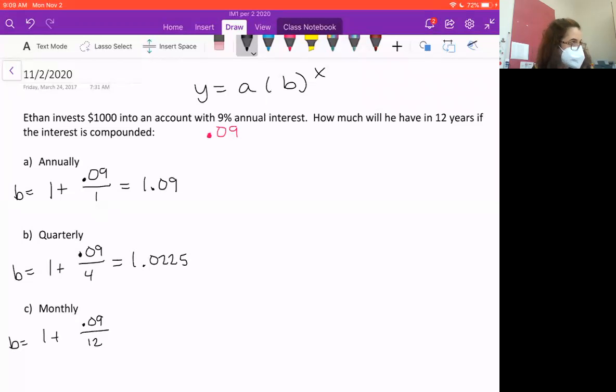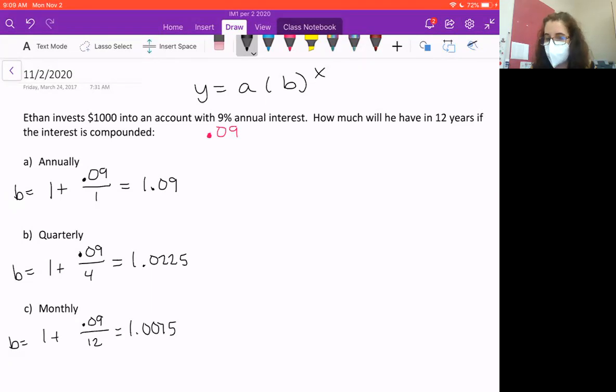So notice that the more often you compound, the lower your B value is because your interest rate is for a shorter period of time. So over here, we get 1.0075. Okay, so even though this B value down here on part C is lower than the other two, we are going to compensate for that by the exponent.